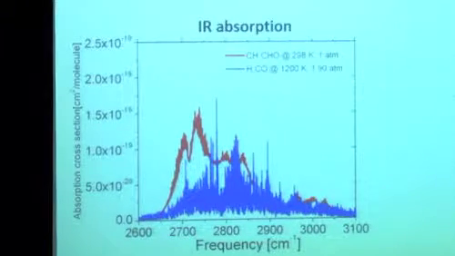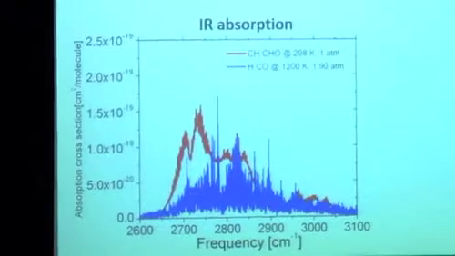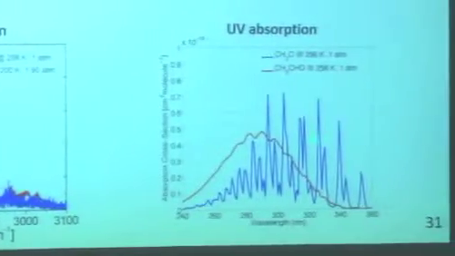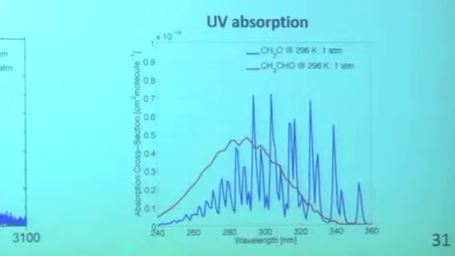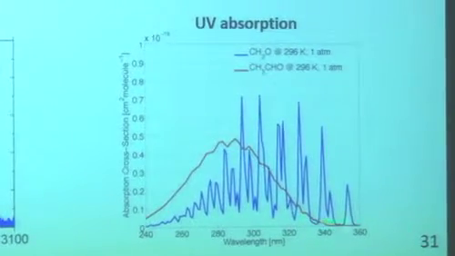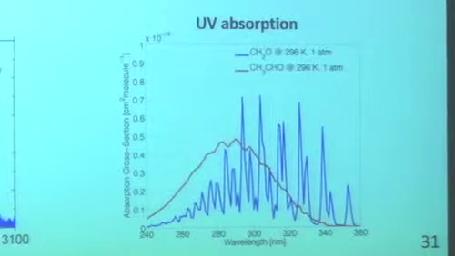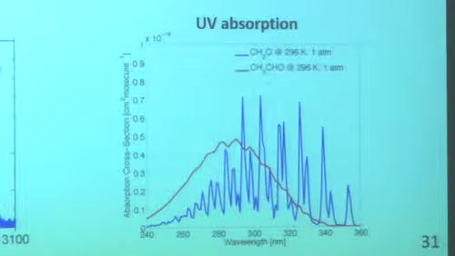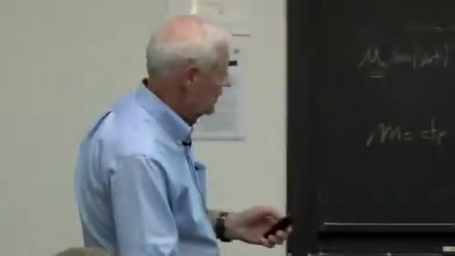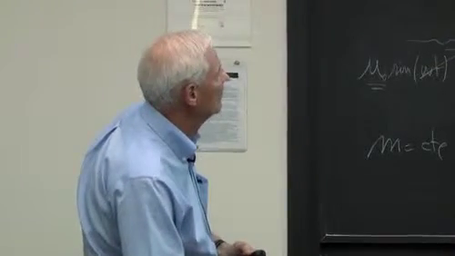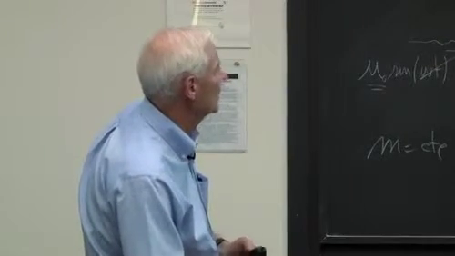And when you go over here in the UV, you can see it even better. The formaldehyde, being a smaller molecule, has discrete structure. The acetaldehyde is more continuous. So we've got two species that are usually present together. What do you do? You have to use at least 2 colors, maybe 3. And if you do that, you can maybe figure out a way to measure everything.